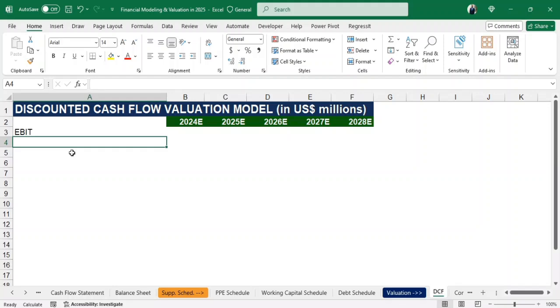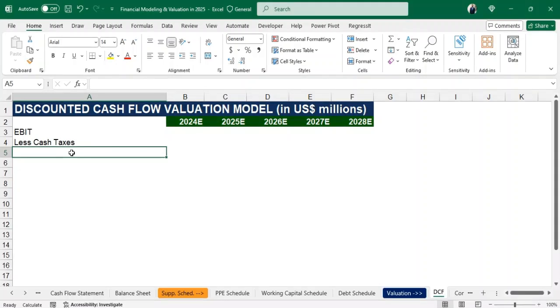All right, so we start with our EBIT, and what we are going to do is to less cash taxes. The next items, you are going to list all of these, and then we will see how to obtain these figures from our financial model.